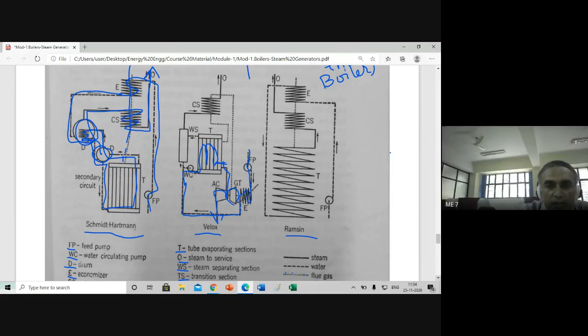The turbine rotates. Then the steam is taken from these tubes, sent to the convective superheater, then to the outlet.